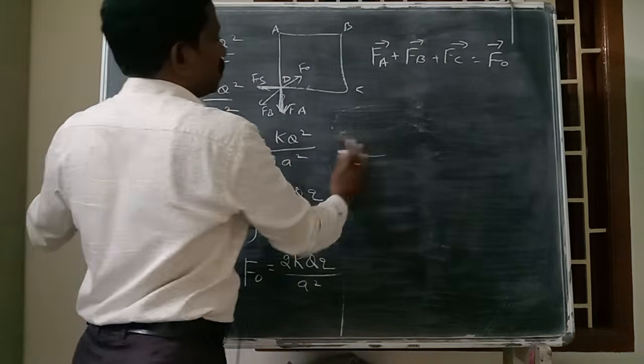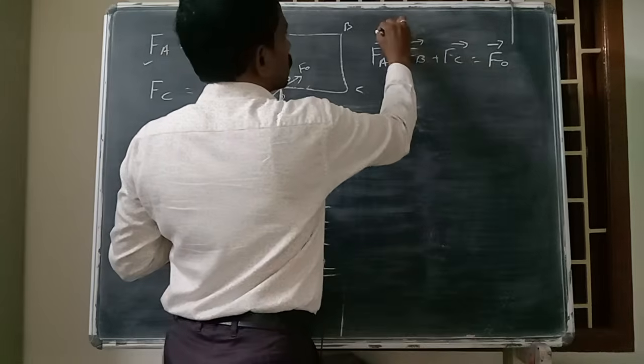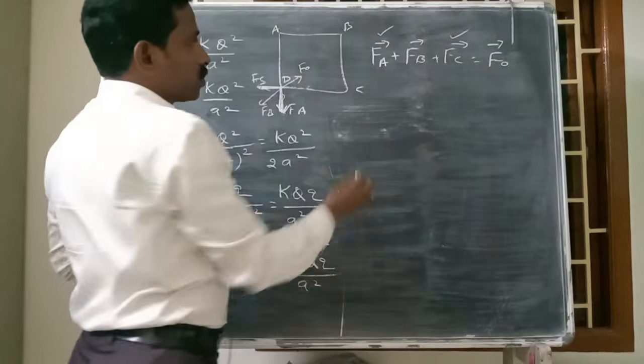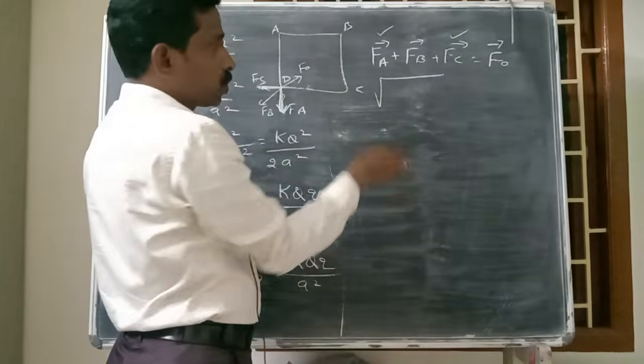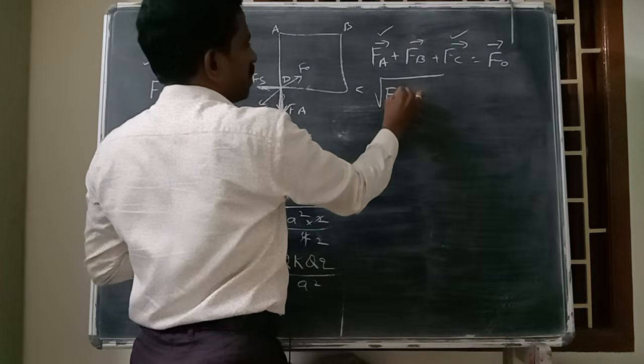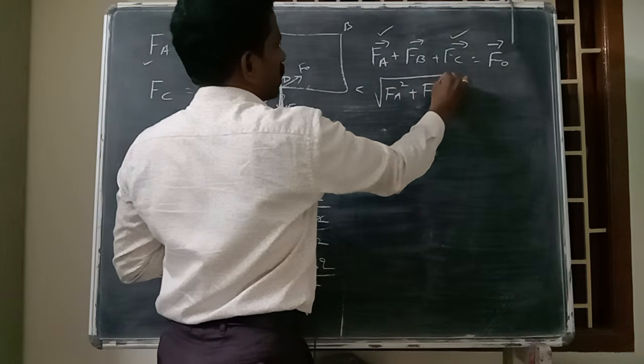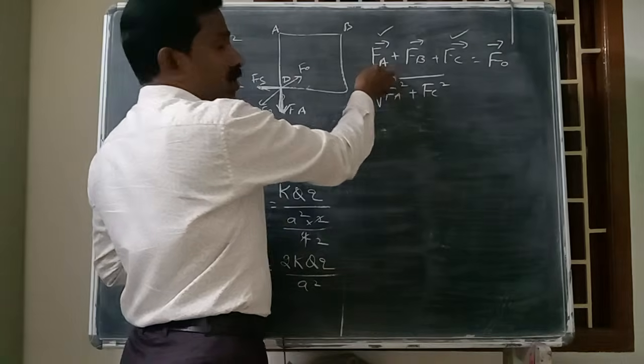So this F_A and F_C, if you add these two vectors, you will get the square root of, both are equal, so we can write F_A squared plus F_C squared. F_C is also equal to F_A in magnitude.